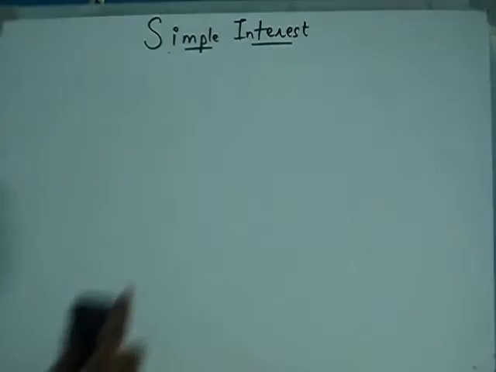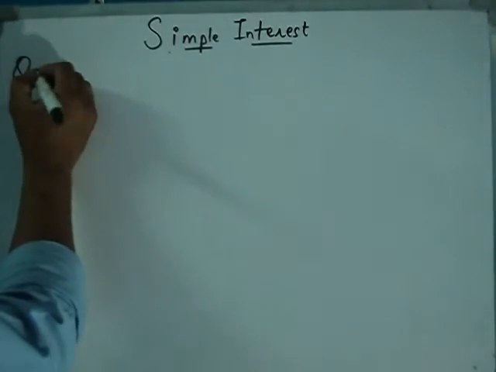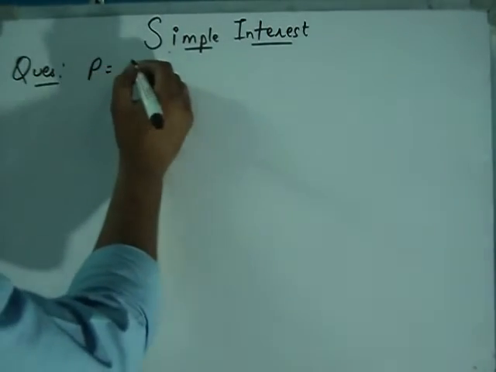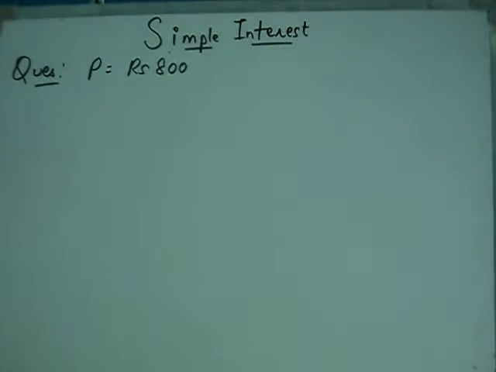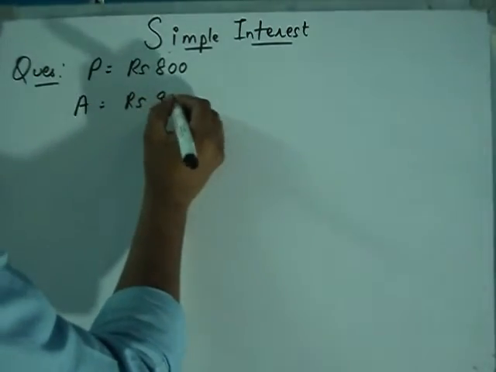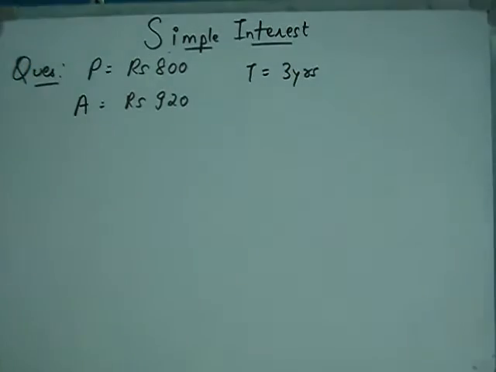Suppose we have a question. We have a sum, principal is 800, and the question says that a sum amounts to 920 in 3 years. So we have amount 920 and time is 3 years, at simple interest.